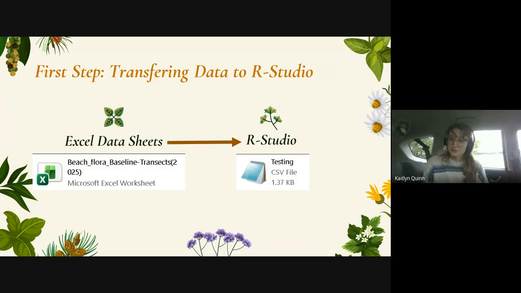What it can read is something called a CSV file, which, comparing the two, I'd imagine the Excel worksheet is a high definition, cool PDF that has a bunch of interactive tools, and a CSV file is like a physical notepad, like with pen. It is the most basic bare bones thing. However, it makes it super easy for RStudio to build it from the ground up in order to make cool analysis.